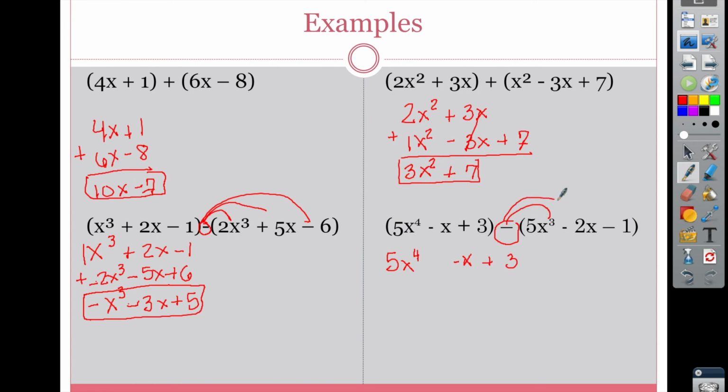So this becomes negative 5x to the third plus 2x plus 1. So again, we're going to have 5x to the third, negative 5x to the third, plus 2x, plus 1.